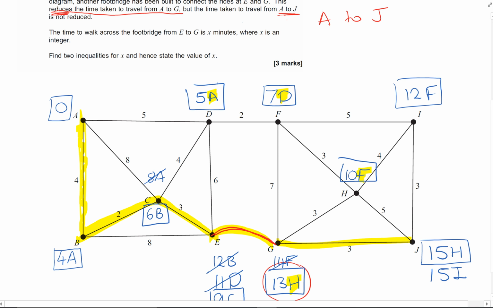So when I go the 9 to get to E plus my new X plus the 3 to get from G to J, that must be bigger than or equal to 15. Because it says it's just not been reduced, so it can't be less than, but it can be greater than or equal to. And then we've just got to solve with these inequalities.